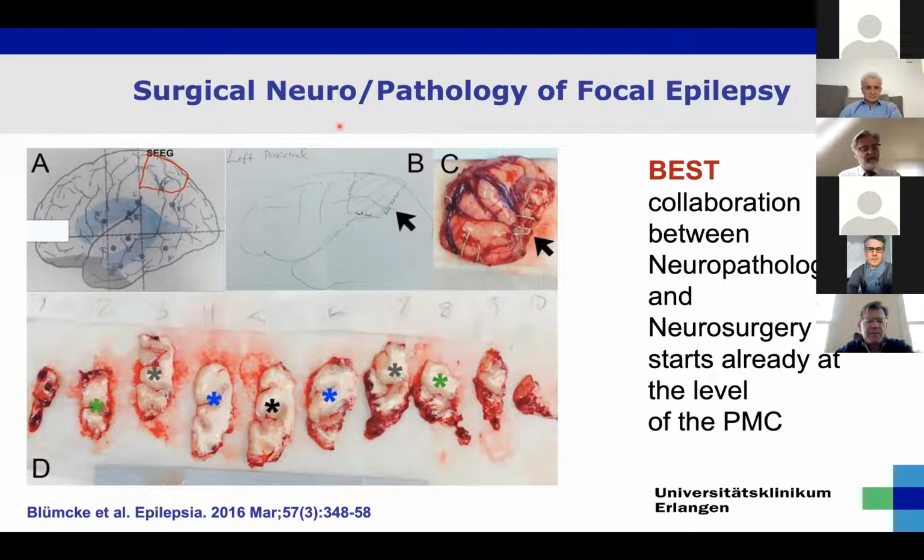And I mean, there are many examples I could raise, and maybe we can discuss some of them later together. But here, this is a nice picture. Basically, the drawings in A and B came from Jorge Gonzalez, who's also here with us today, from the Cleveland Clinic at that time. So that was really taken from the OR. And you see here that Jorge used the stapler to indicate the anterior posterior axis of the specimen.